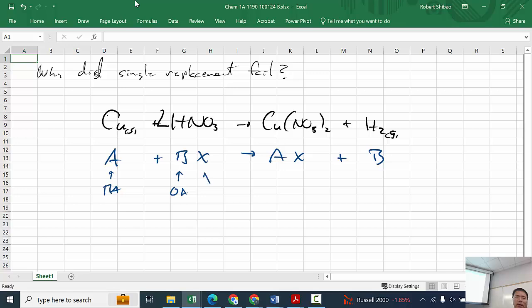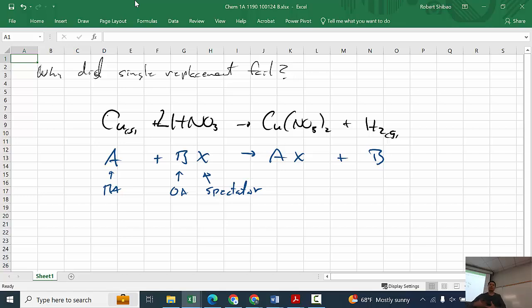And then X, you're going to be a spectator. And so this is fine here. So you're the director of this reaction, and you tell copper you're going to be the reducing agent. And then you go over here and you say, okay, hydrogen ions, H+, you will be the oxidizer. And then you'll say, nitrate, don't do anything. Just stay as is.